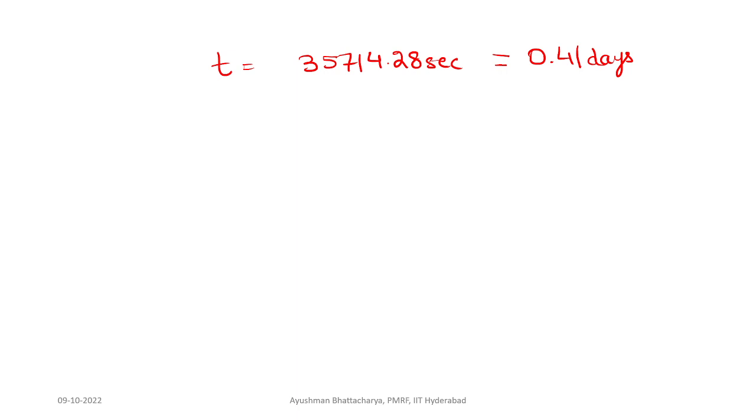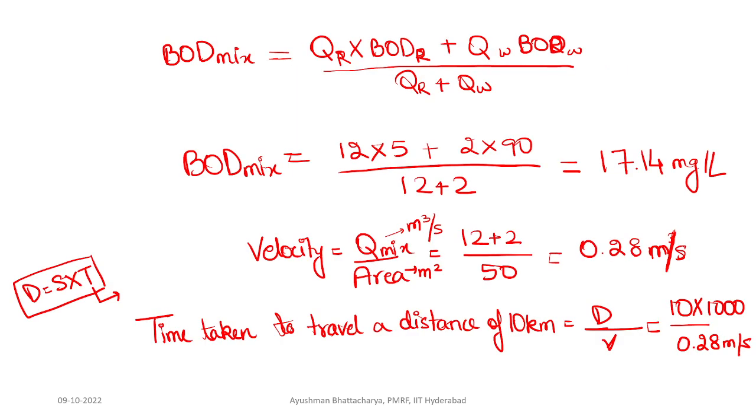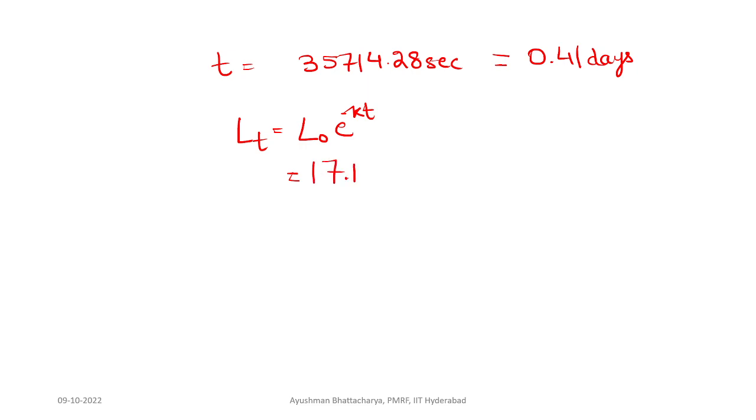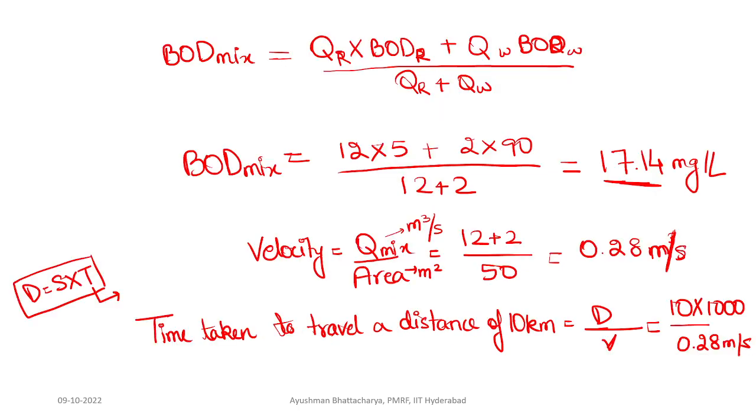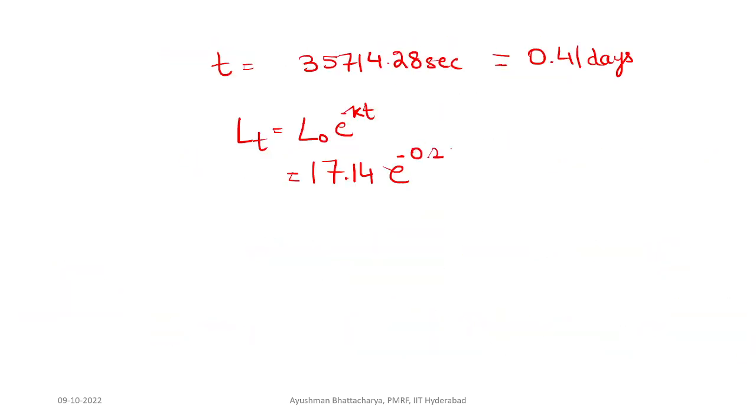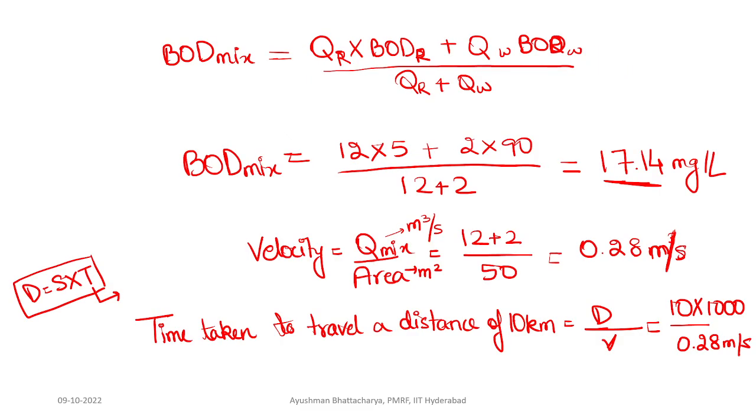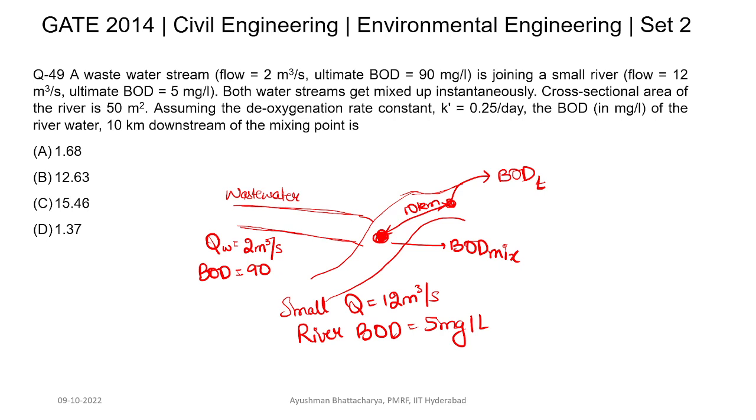Now we have to calculate the BOD. We know Lt is equal to L naught e raised to minus kt. Now L naught is the BOD mix, the ultimate BOD, 17.14, into e raised to the power of minus k, which they have given as 0.25 per day, times 0.41. So the stream which is mixing here will take around 0.41 days to reach here.